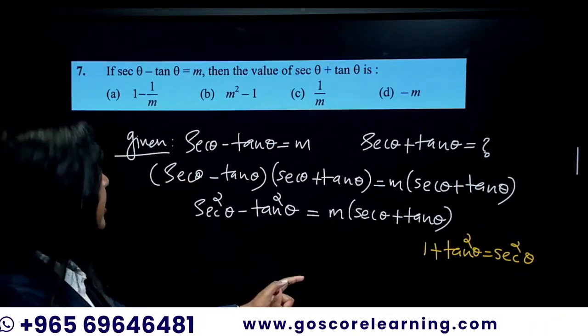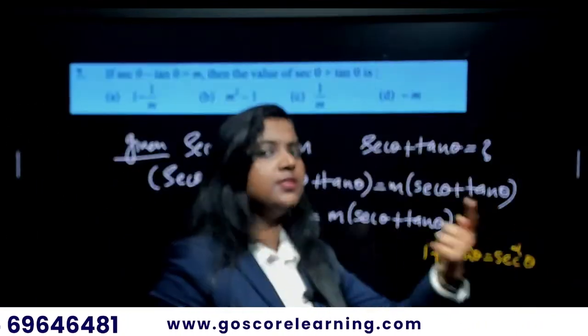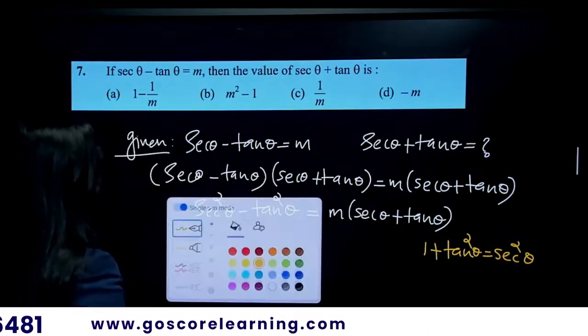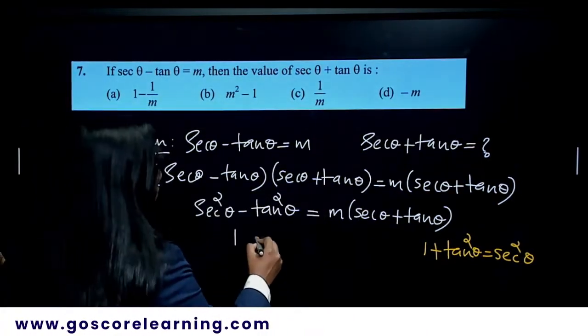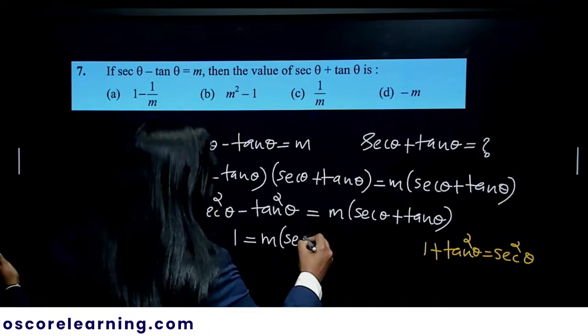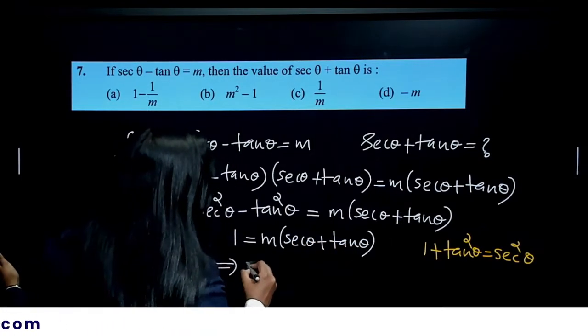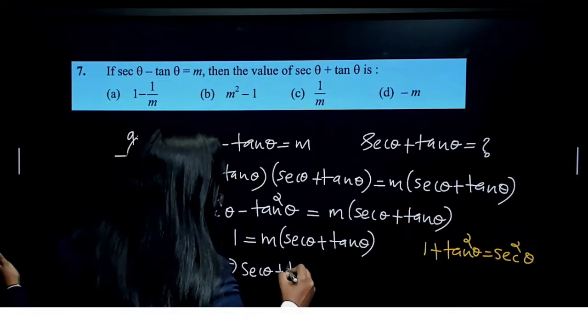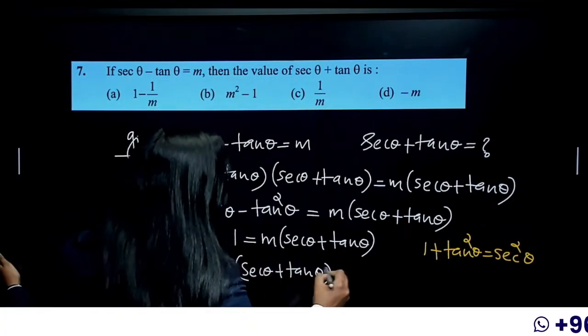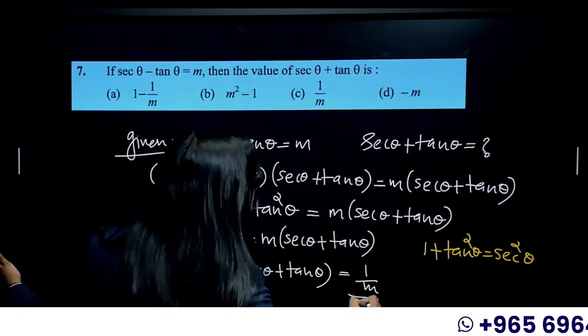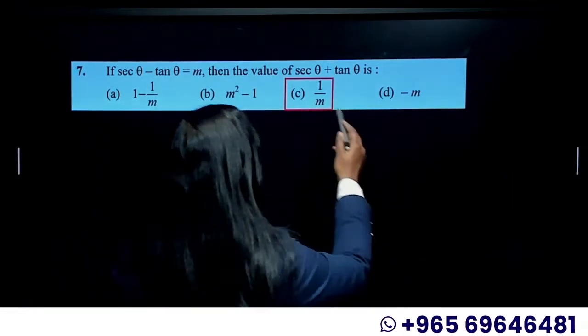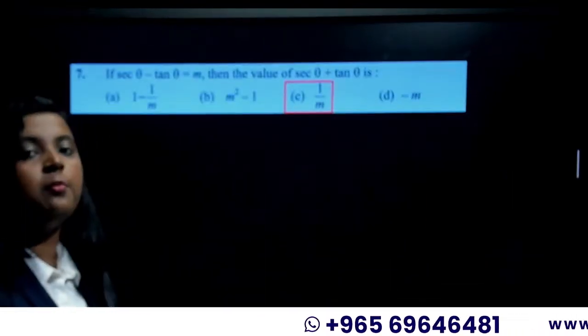So what is sec square theta minus tan square theta from this? 1. So 1 is equal to m into (sec theta plus tan theta). From this, what is sec theta plus tan theta? Just take m to the other side. So the answer is 1 by m, and C is the correct answer.